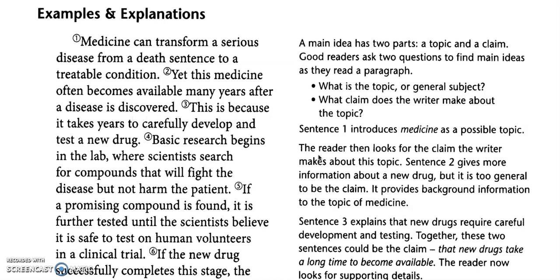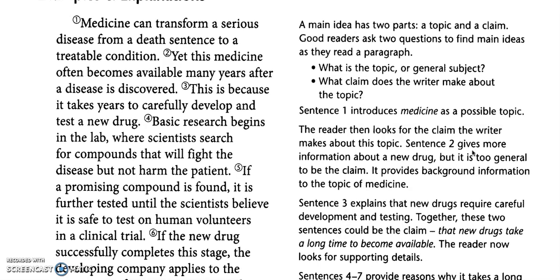So if we look over here, we know sentence 1 introduces medicine as a possible topic. And then it says the reader then looks for the claim that the writer makes about this topic. Sentence 2 gives more information about a new drug.